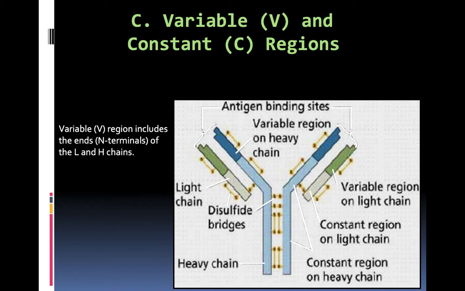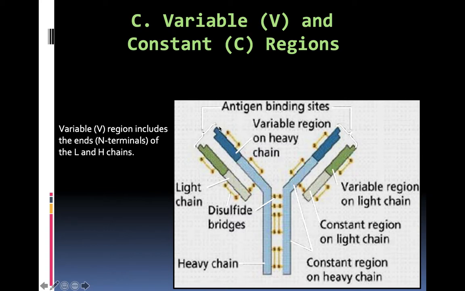Okay, so the variable region is represented here by the blue colored part, which includes the N terminal end of our light and heavy chains. So the variable region here, the blue colored one for the heavy chain and the green colored one for our light chain, are the N terminal.